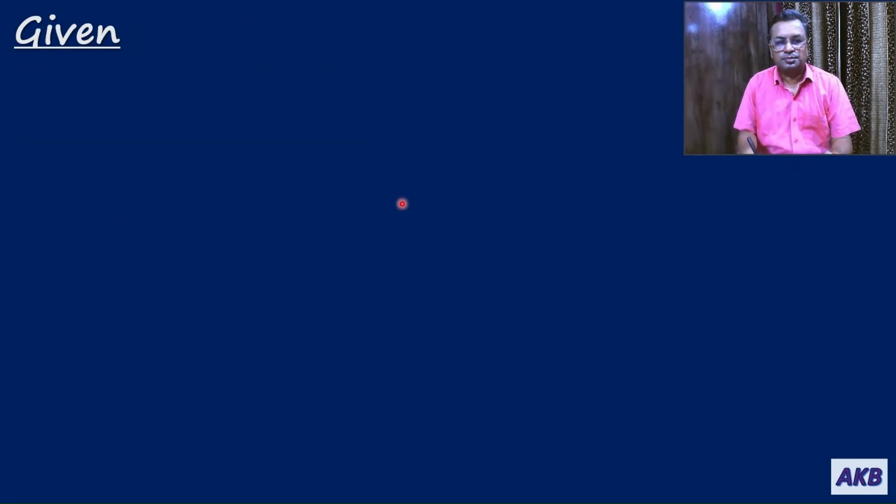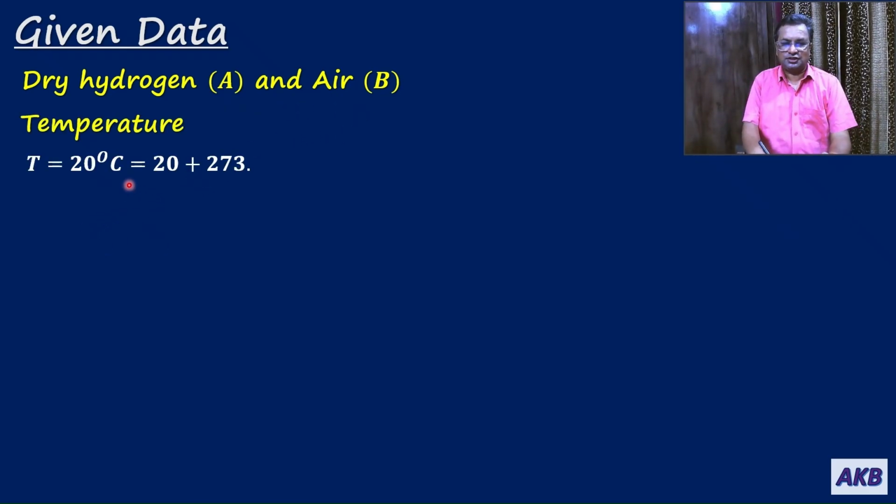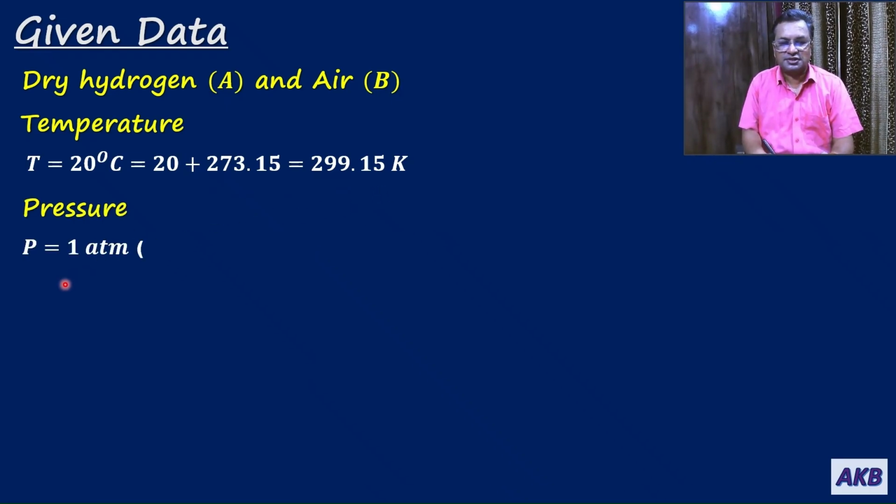First of all, we will note what is given to us. Dry hydrogen, we are going to denote by A, and air, we are going to denote by B. Temperature is given to us. It is 20 degrees Celsius, that is 20 plus 273.15, which is 293.15 Kelvin. Then pressure is given.